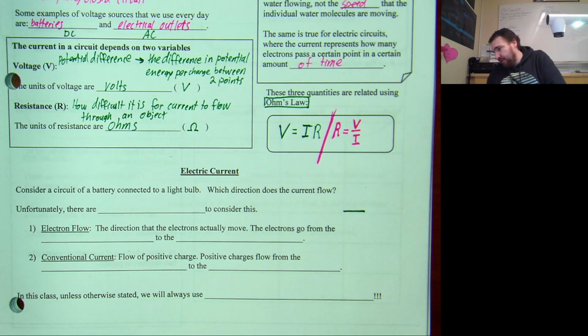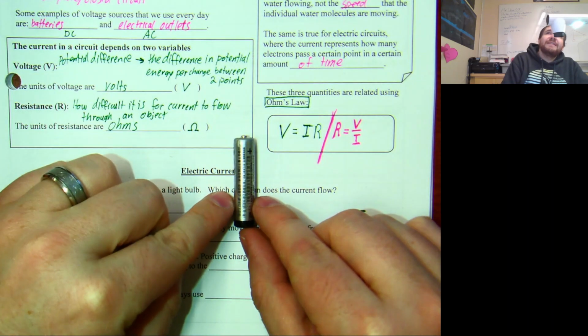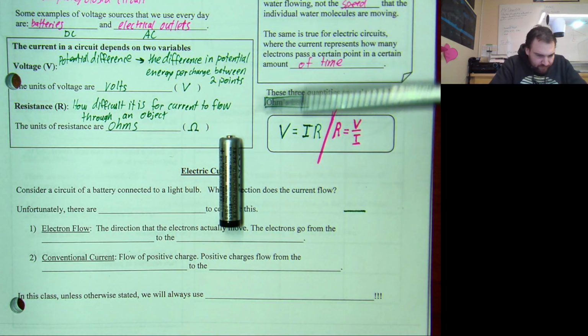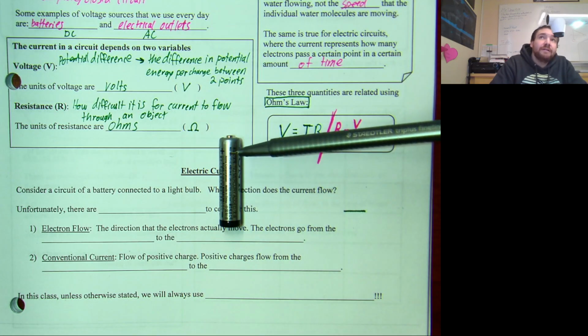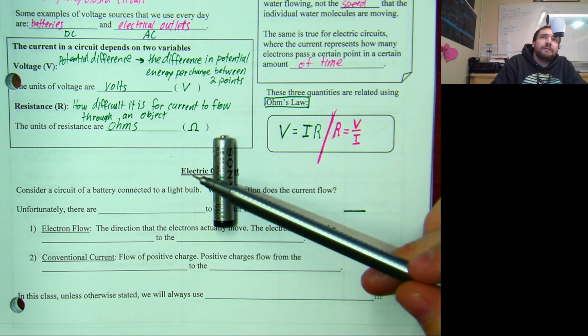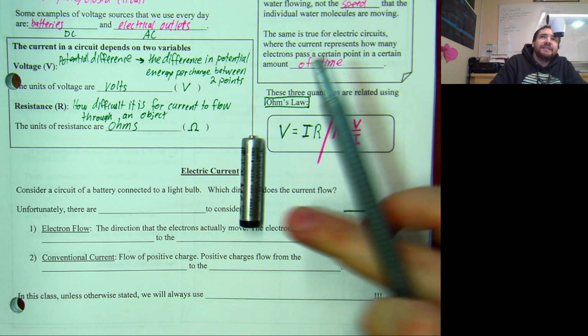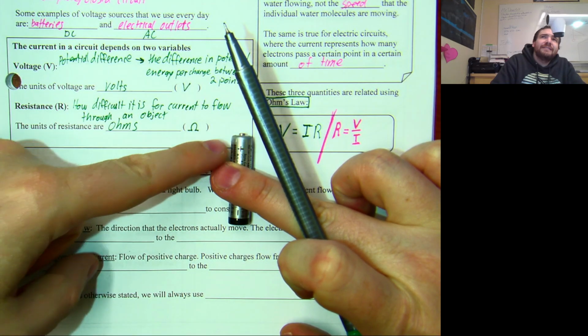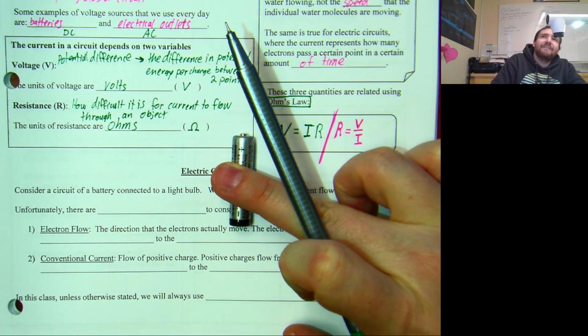You know what? I could just pull out a battery. Here's a battery. Technically, we call this thing a cell, electric cell. The battery has, I don't know if you can see it there. See that right there?